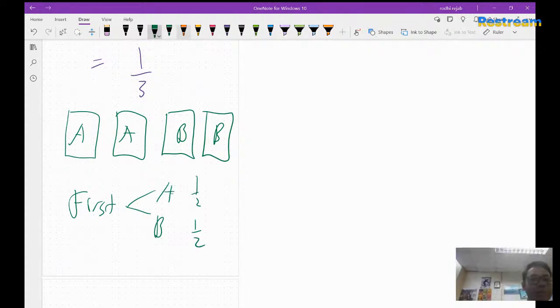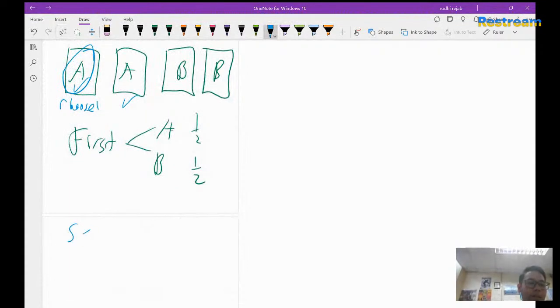Let's say you choose this one, so you can no longer select it. The next one that you need is an A. You have selected the first A, now you need to select the second A. The probability for that, as you can see here, is actually 1/3.